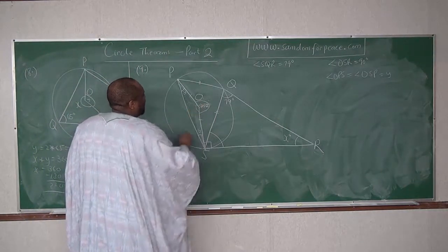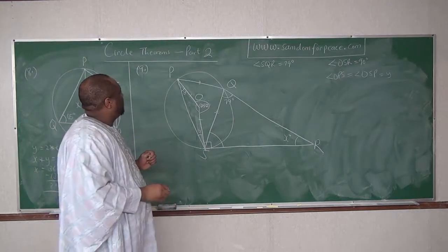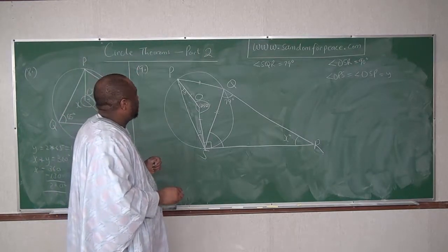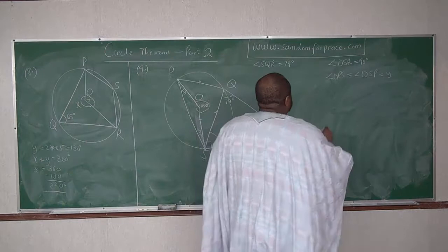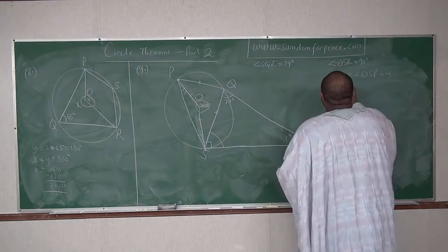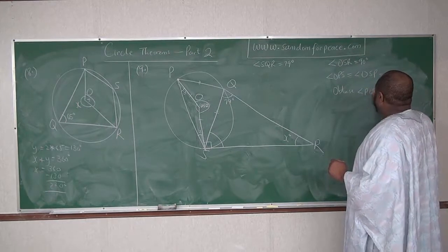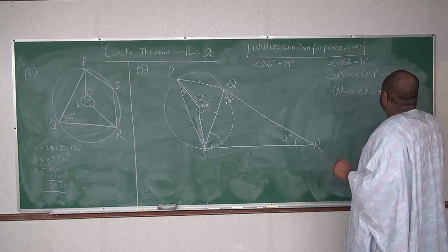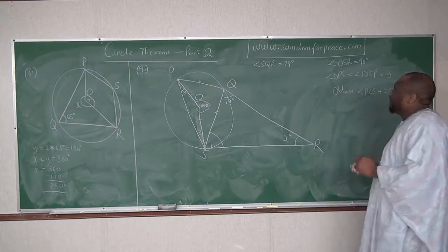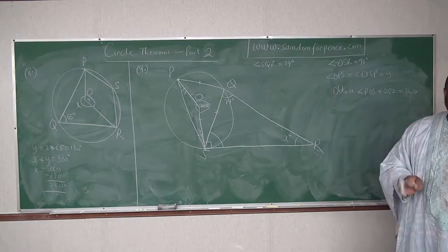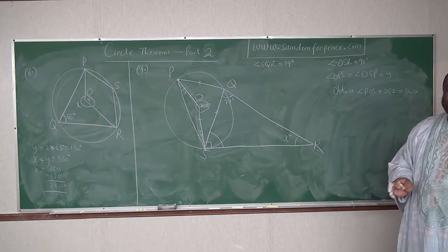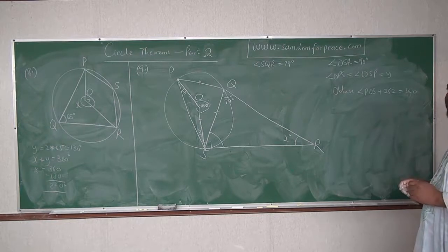This angle here, obtuse angle POS, plus the 252 reflex will give us 360. Reason: angle around a point.